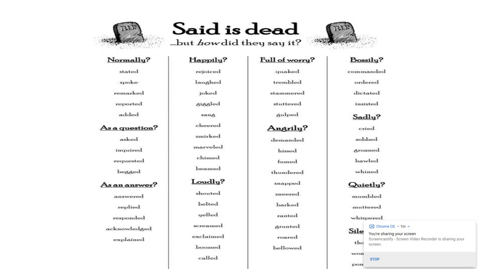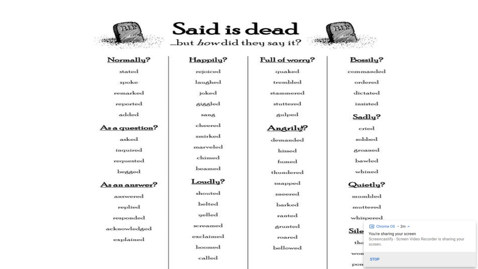All right, let's talk about that word said. If we have dialogue where we repeatedly say said over and over again, it's boring and it doesn't really show us the character's feelings or attitude. So we want to move away from using said and we want to use one of these words instead, which tells us how they said something. So you'll notice they're all by categories, and you can use the category to find a better word for said.